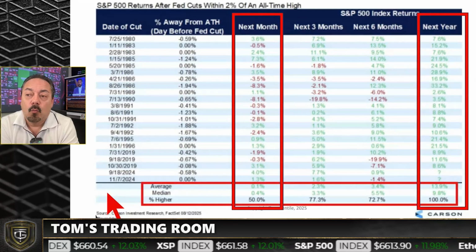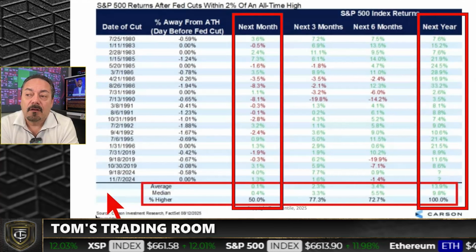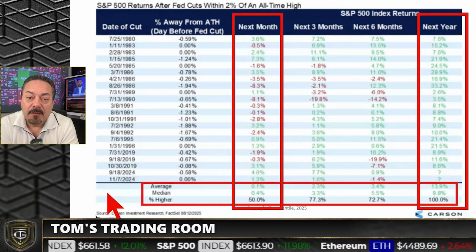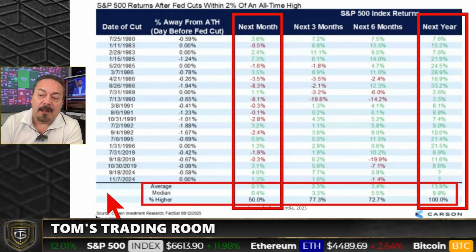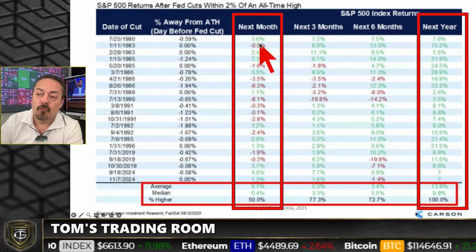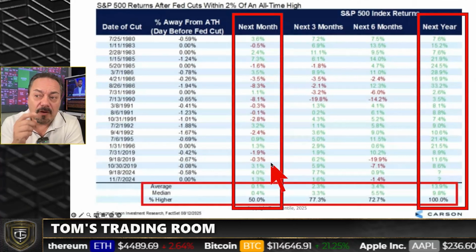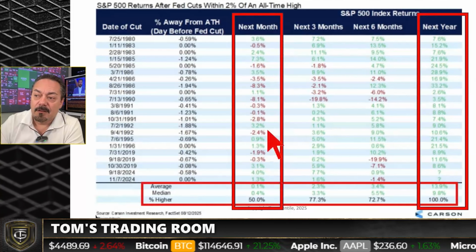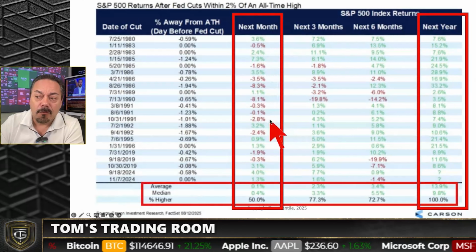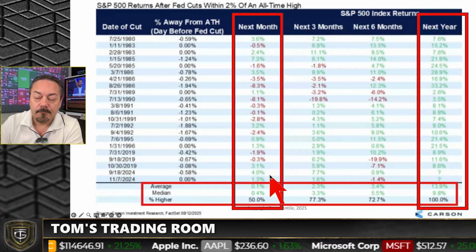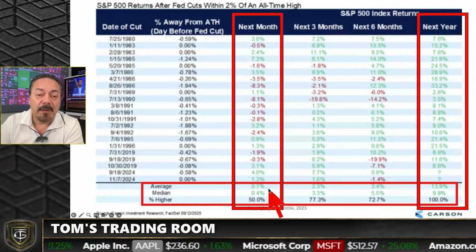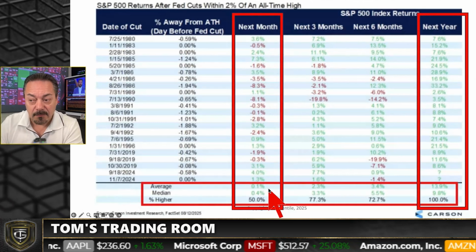So what happened afterwards? Okay, there's a lot of data on the screen. I want to clue you into what happened the following month after that rate cut. I don't want to go through each one of these, but if you add all this up, the markets were basically flat.